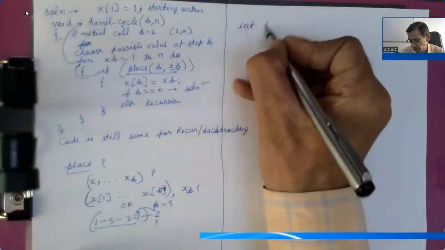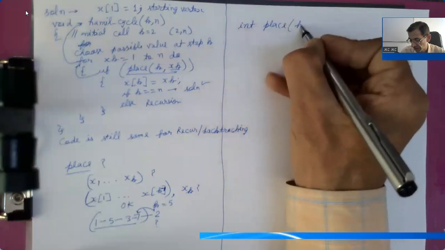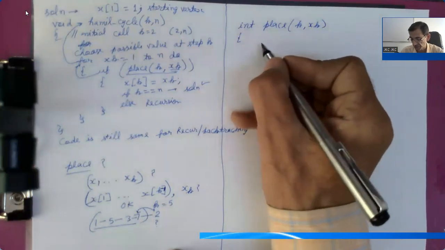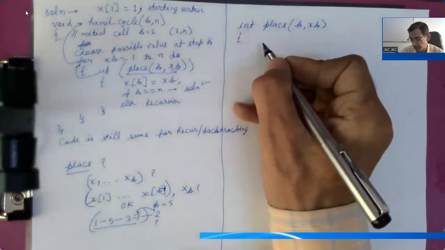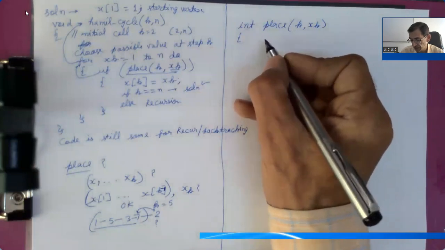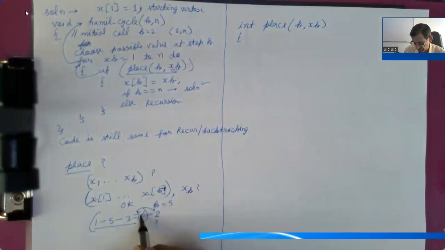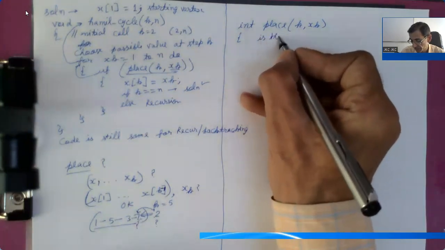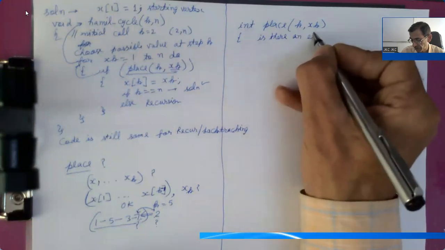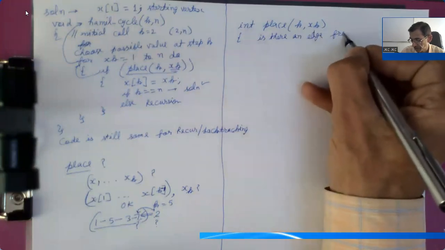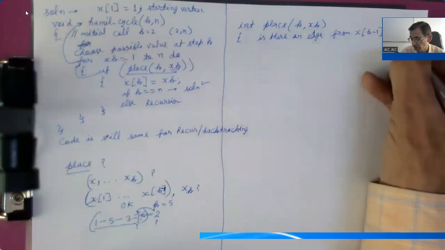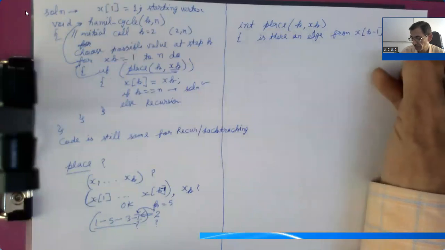So I will say int place with k and xk being attempted. First thing, whatever xk I have chosen, is it acceptable to be part of this path? It depends on whether, between the previously selected vertex and the current vertex, there is an edge or not. So is there an edge from the previously selected vertex to the current vertex which we have decided?